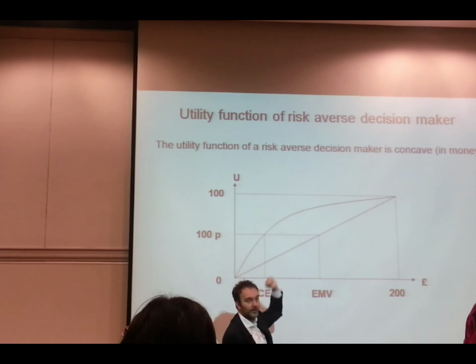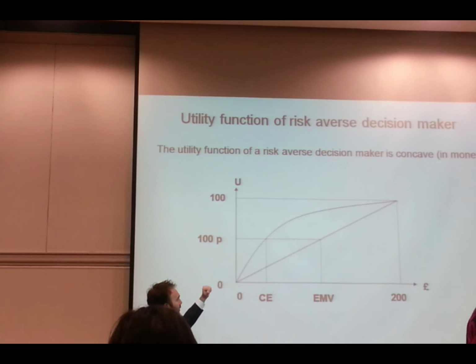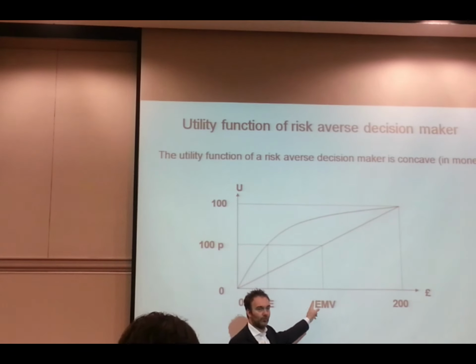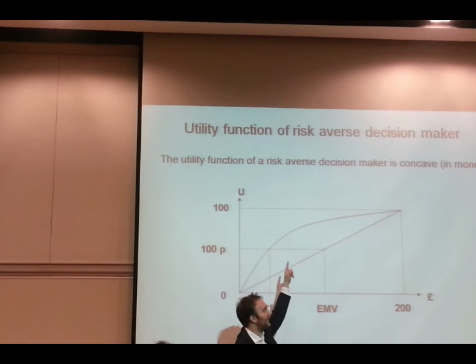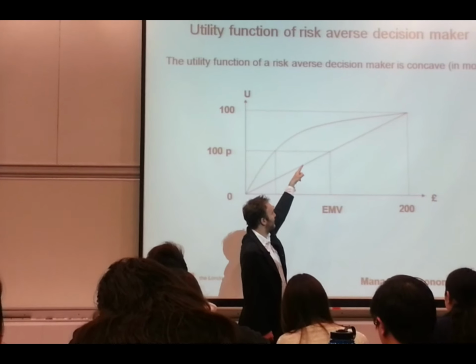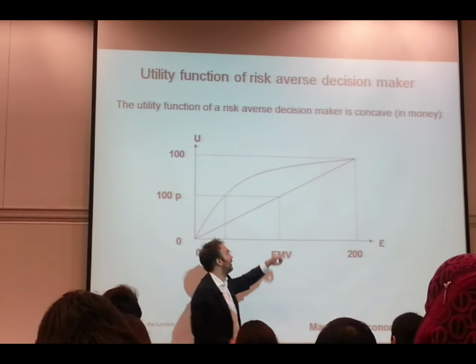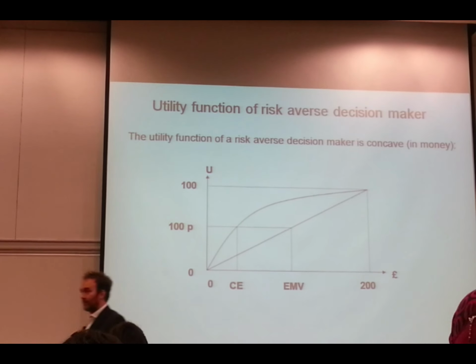Puts you up there on the utility function. Meaning that, you can see it from here, meaning that if I give you the expected monetary value for sure, your utility is higher because you're on that curved utility function. Your utility is higher than the expected utility of the lottery, which gives you this expected utility.